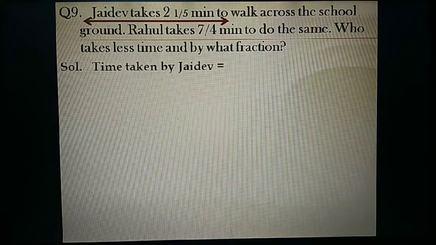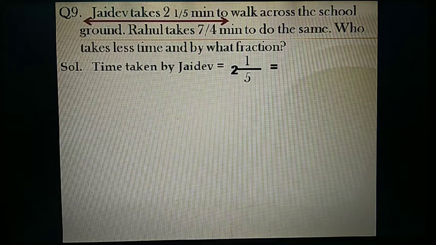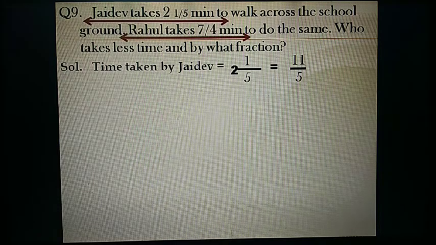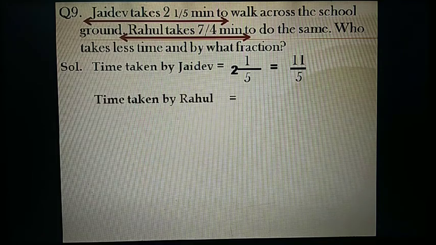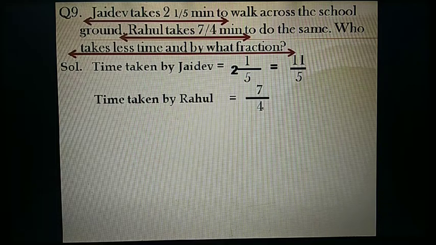So, first time taken by Jaydev, then we will convert it into the improper fraction. 2 fives are 10 plus 1, 11/5. Next is time taken by Rahul. It's already an improper fraction. First you will compare them and then you will find the difference.